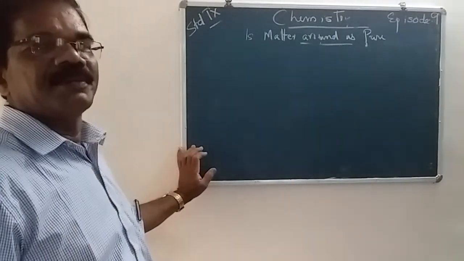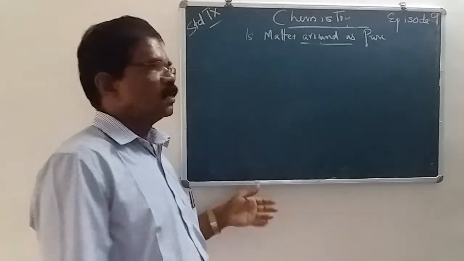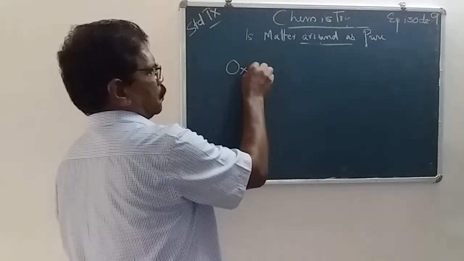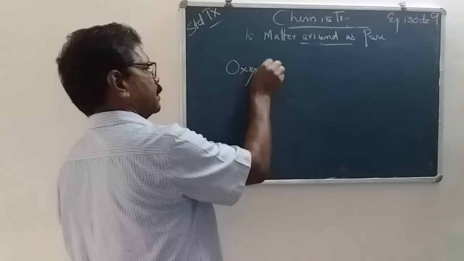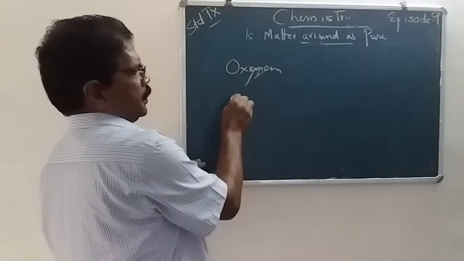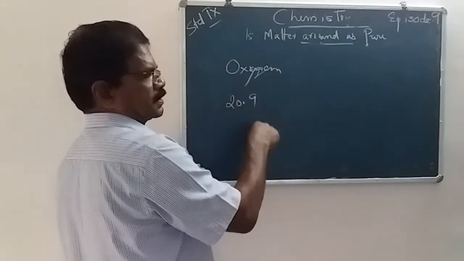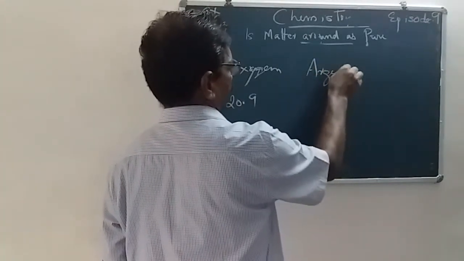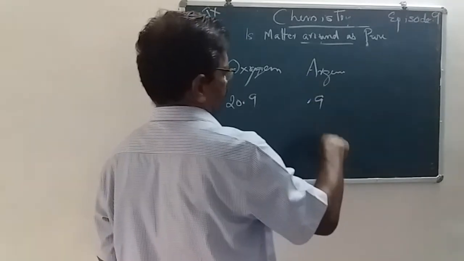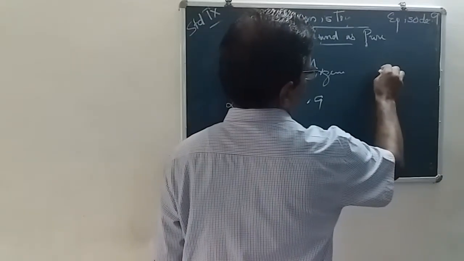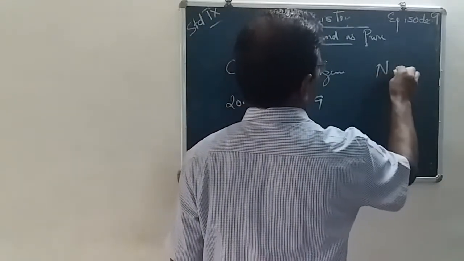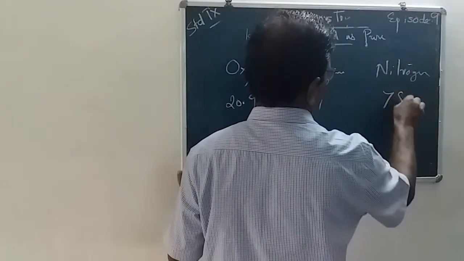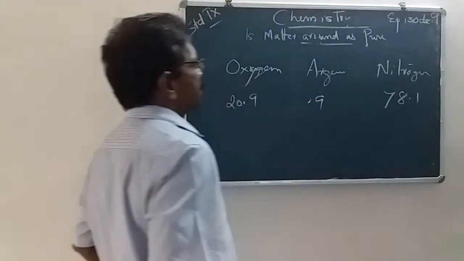What are the main components of air? Oxygen 20.9%, argon 0.9%, and nitrogen 78.1%.